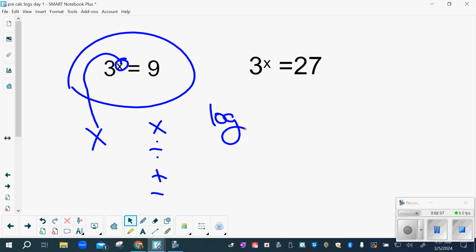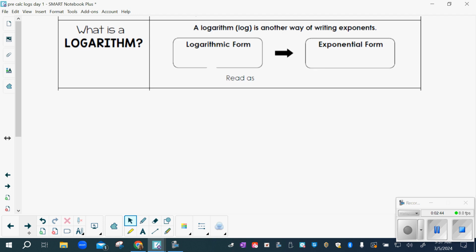So if you turn your paper over, look at this. I got some notes. This is old school from Mrs. Tarantino Algebra 2 days. We're going to talk about this. So what is a logarithm? It's another way of writing exponents. So here's what I want you to write.